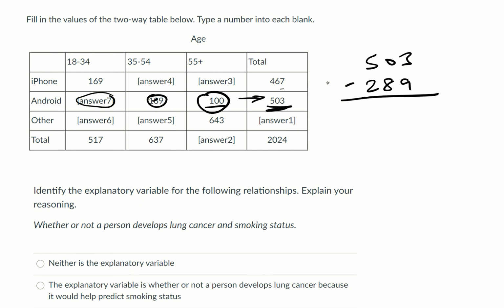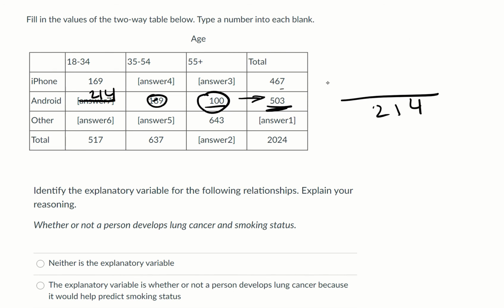So we do 503 minus 289. To borrow from here. We get 214. Okay, so 214 Android users in the ages 18 to 34.